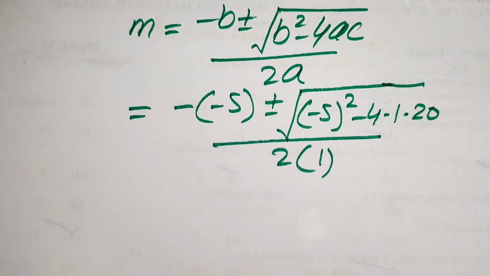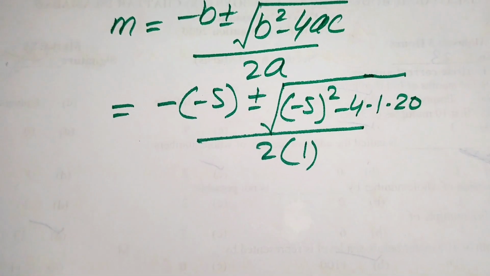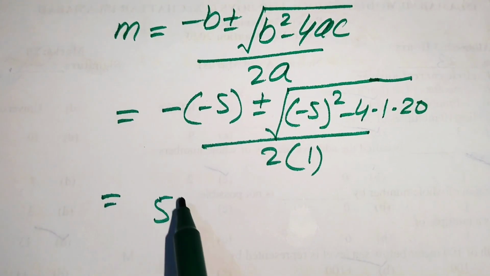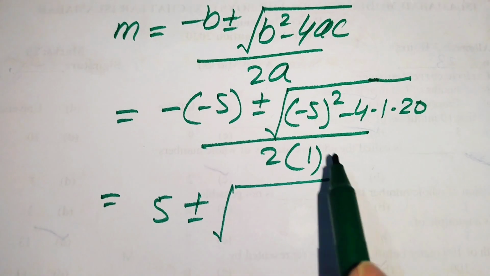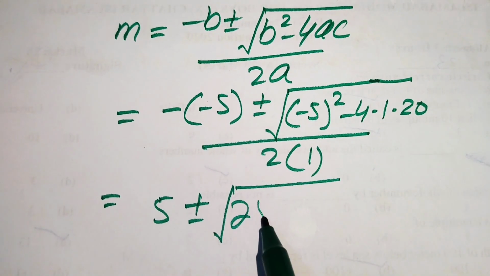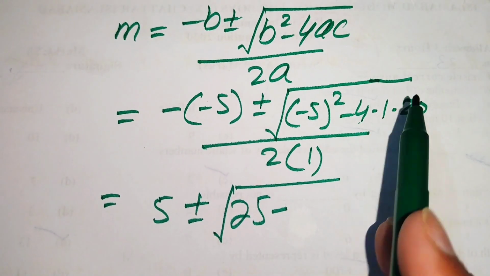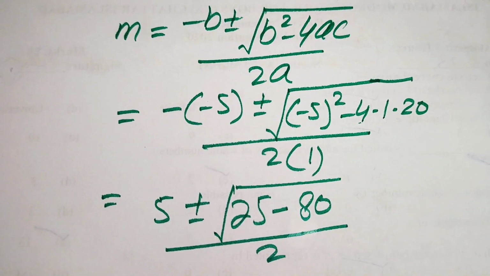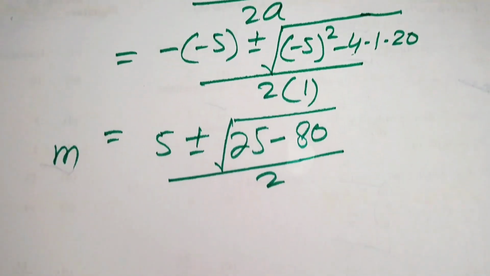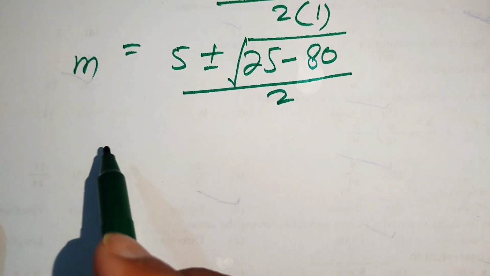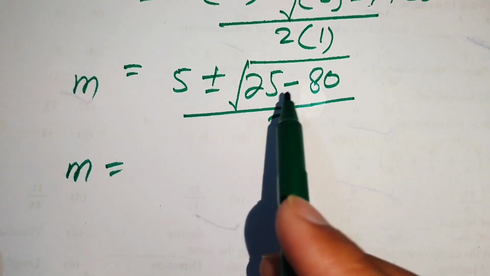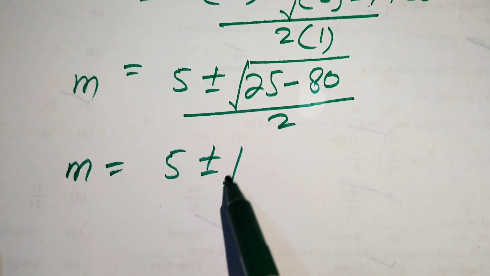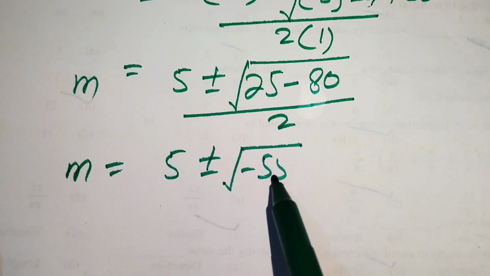So here we need more simplification. First we multiply these two signs and you get plus 5 plus minus square root of minus 5 squared, which equals 25, and 4 times 20 equals 80, and it is divided by 2. On the left-hand side we have m. In the next step we subtract these two values, and we get 5 plus minus square root of minus 55.